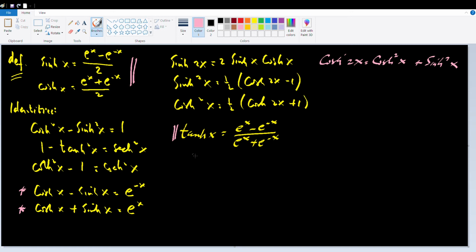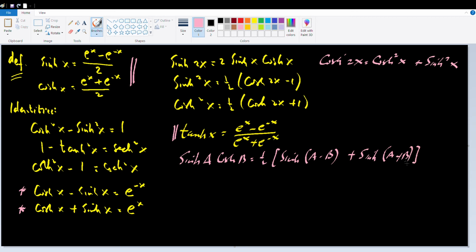We have the following additional identities. Hyperbolic sine of A times hyperbolic cosine of B is 1/2 of hyperbolic sine of A minus B plus hyperbolic sine of A plus B. We have a similar identity for this involving trigonometric functions, right?